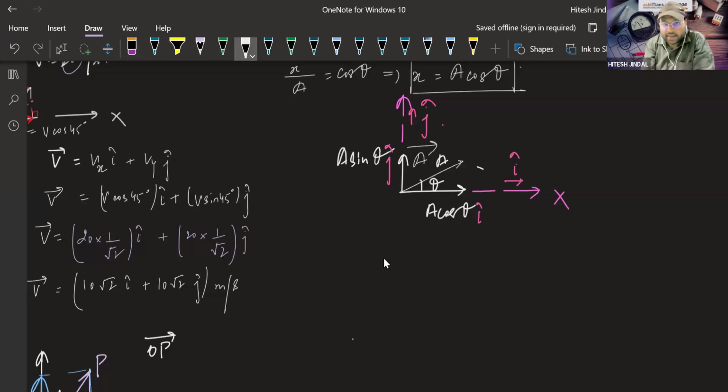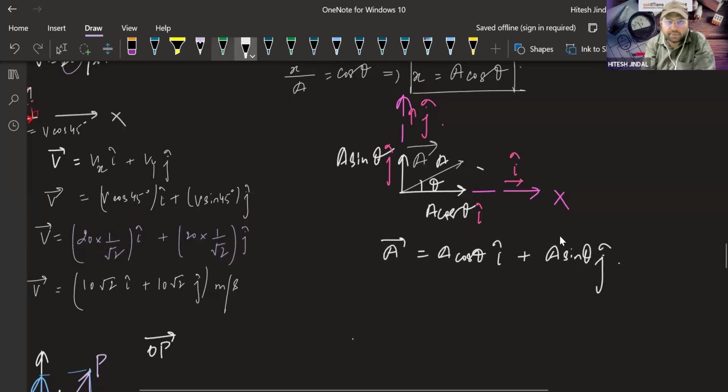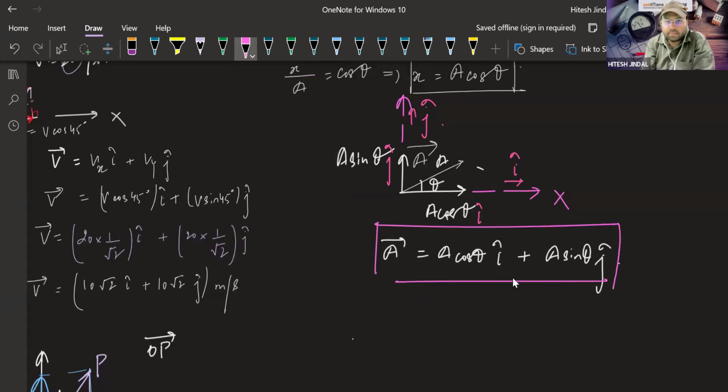Right. And so vector A, I can write as the sum of these two. These are the components of vector A. So we write vector A as A cos theta i cap plus A sin theta j cap. Right? So this A cos theta is Ax.